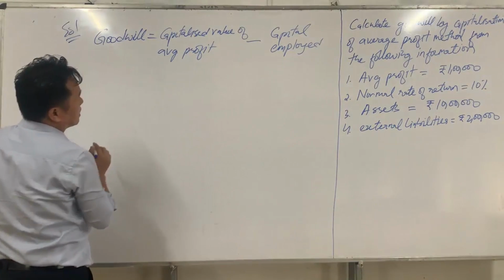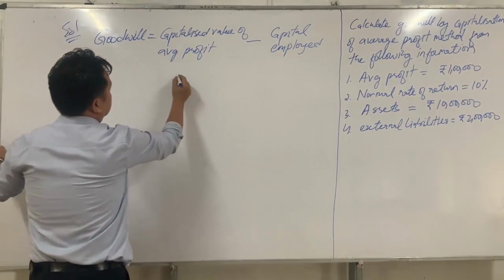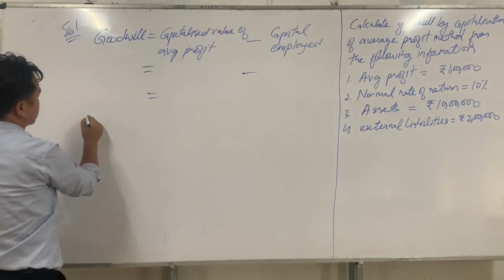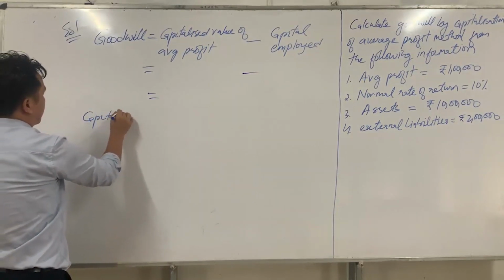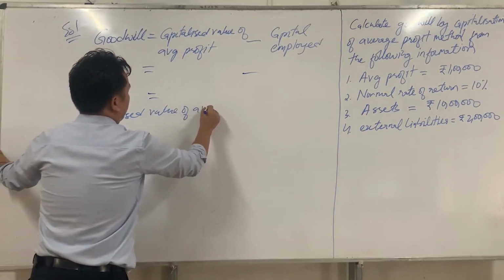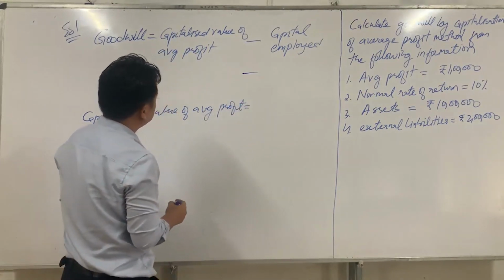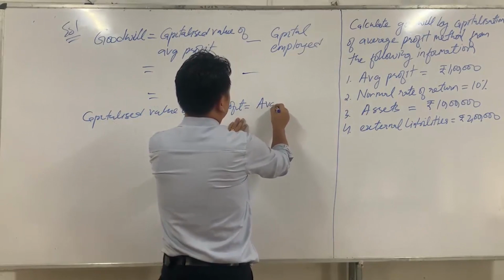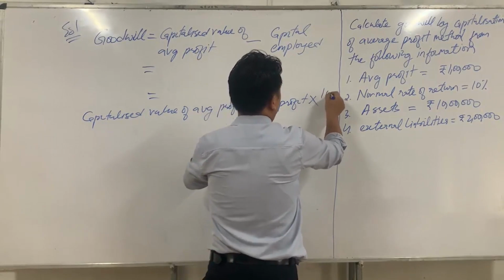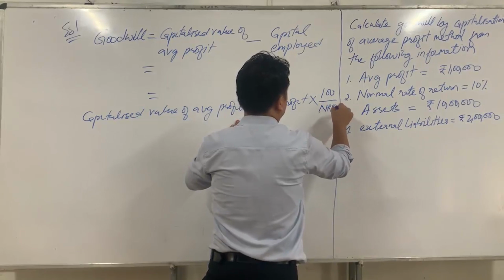So what is the capitalized value of average profit? Capitalized value of average profit is equal to average profit multiplied by 100 divided by normal rate of return.